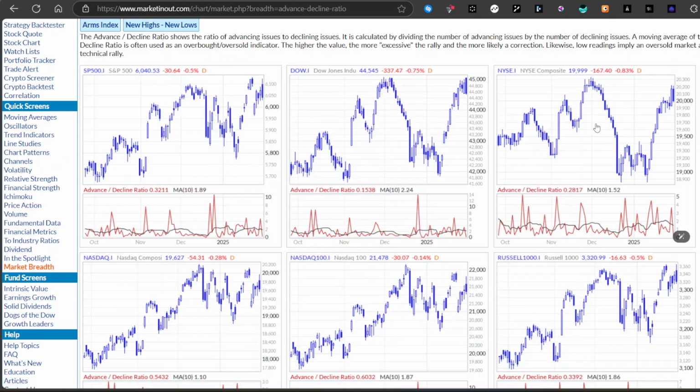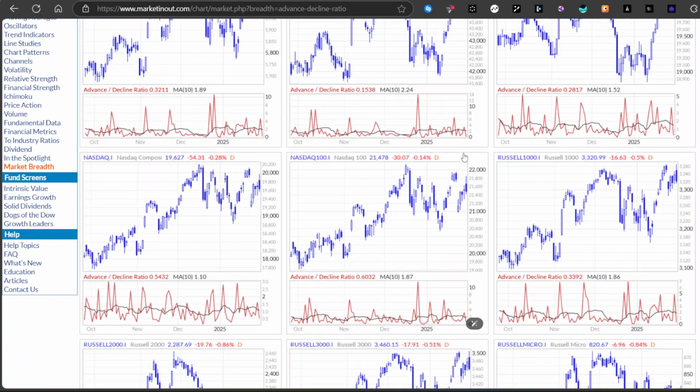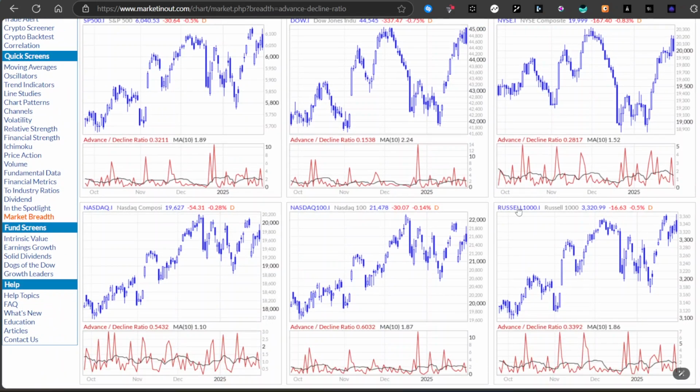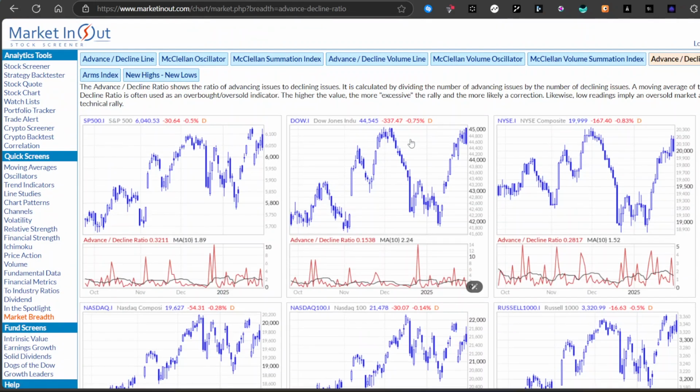Integrating the advance decline ratio into your overall market analysis adds another layer of insight. Whether you are just starting out or you are a seasoned trader, understanding market breadth is crucial. If you are a fan of trading stock indices, you can find the advance decline ratio really beneficial.